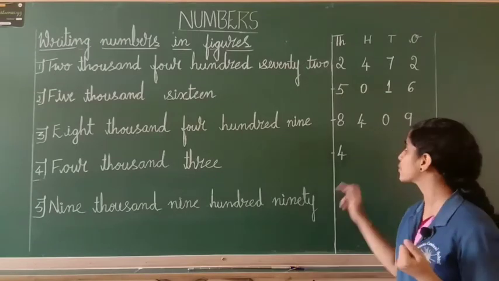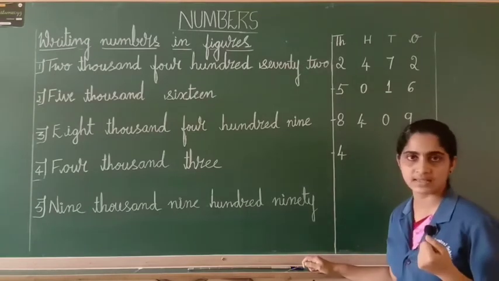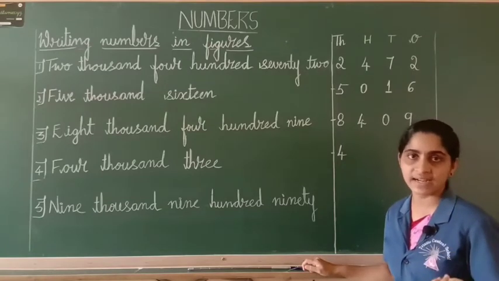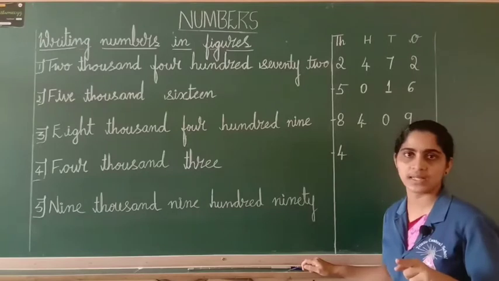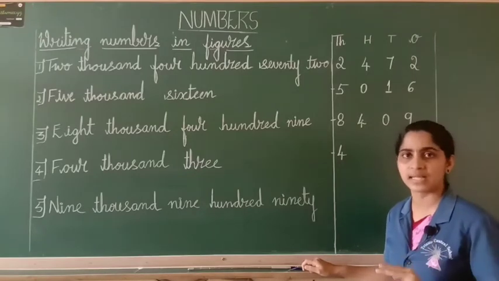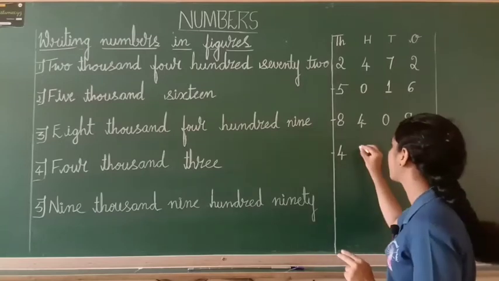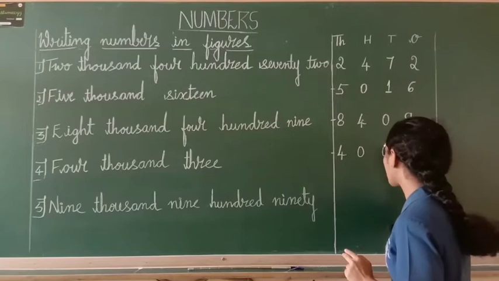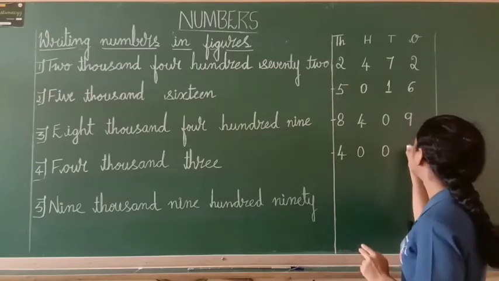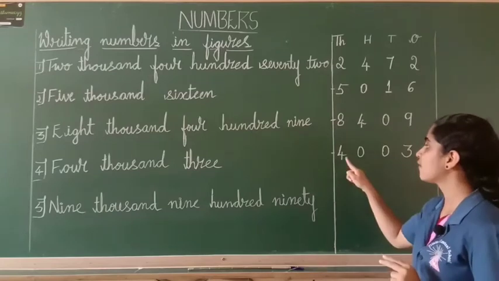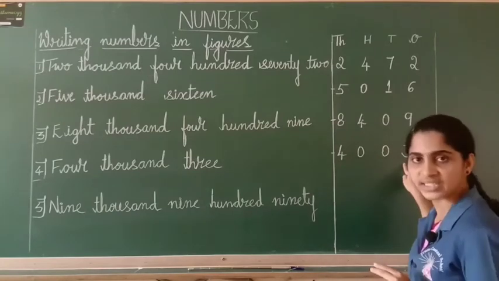So what we have to do in hundreds and tens place? There are no digits in hundreds as well as in tens place. So we have to put 0 in both the places. So let's put 0 in hundreds and 0 in tens. And we have 3 in ones place. So it will be 4,003.